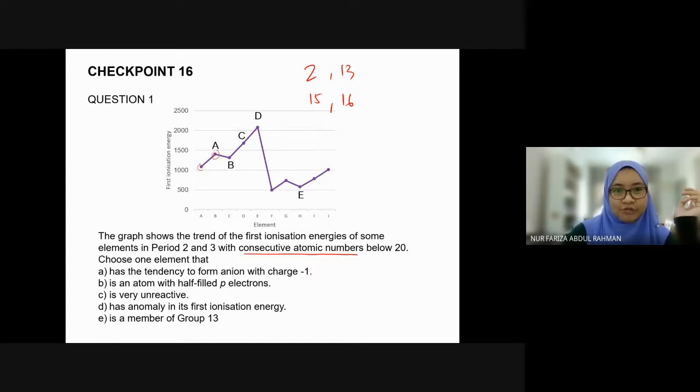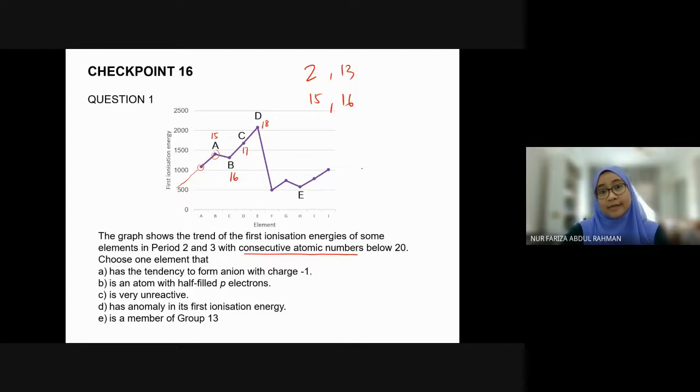Nampak, dia saja tunjuk ada satu elemen dekat sini. That means kita ada dekat bawah tu ada lagi. Okay, dia ada lagi ke situ. So this is most likely group 15. A come from group 15, B come from group 16. Okay, 16, and then this is 17, this is 18.